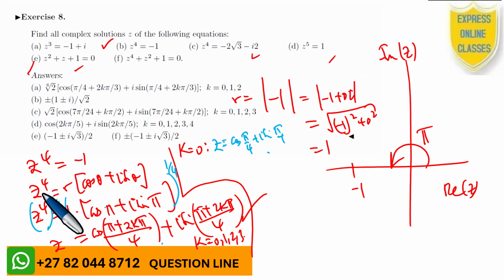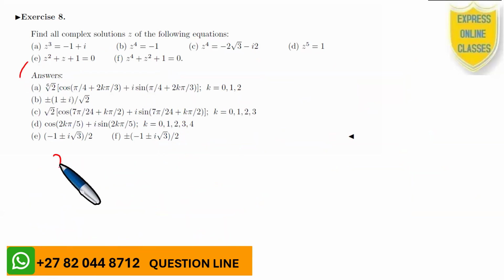Now the E, you need to use the quadratic formula. So in E, for instance, you have z squared plus z plus 1 equals 0. How do you solve for z here?